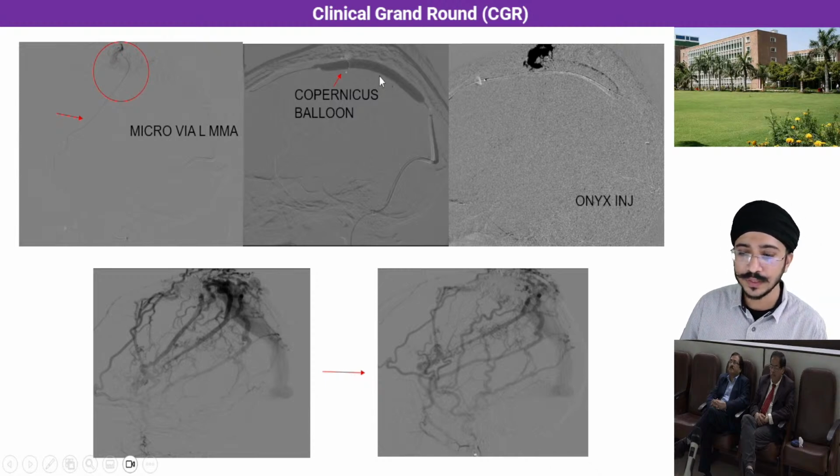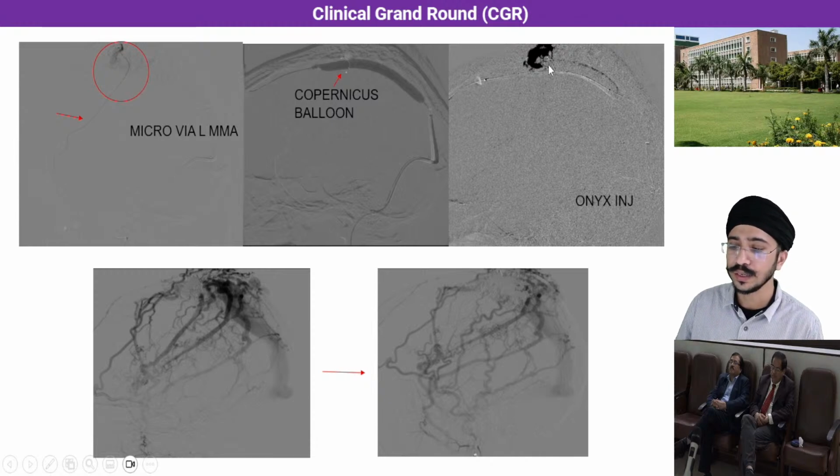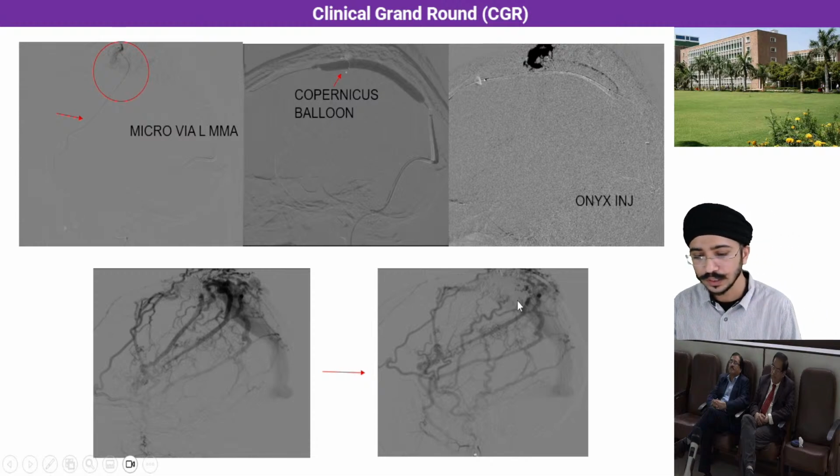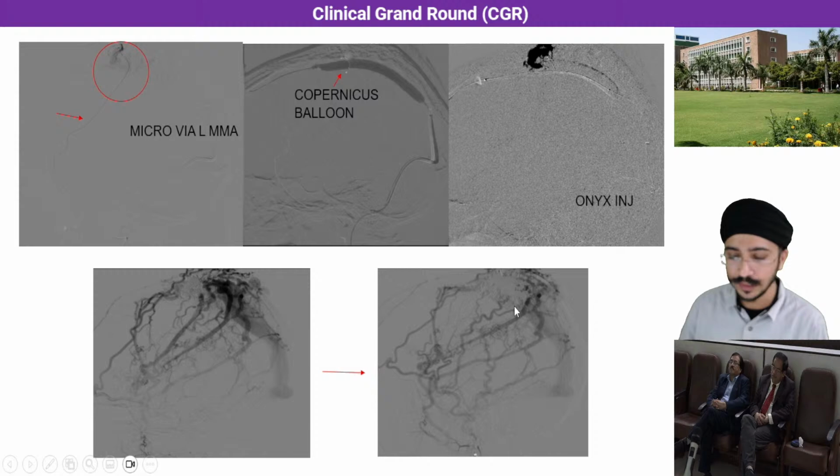After inflation of the balloon in the superior sagittal sinus, we injected Onyx via the transarterial middle meningeal feeder, and this resulted in significant obliteration of the fistula. After 2 to 3 sittings, we can see marked resolution of the dural AV fistula in these check images. The patient is still on follow-up and has markedly reduced clinical symptoms.